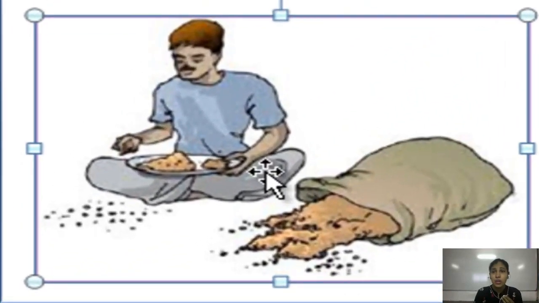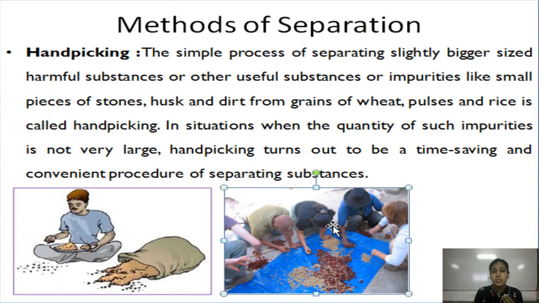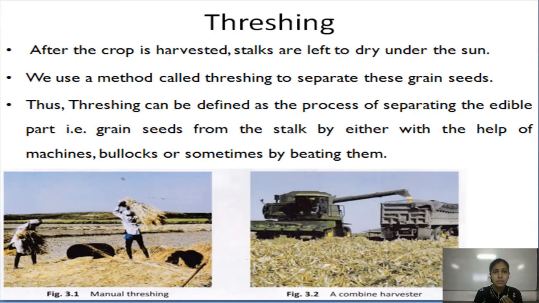When the quantity is not very large, hand picking turns out to be a time saving and convenient process of separating substances. But when the quantity is very large, hand picking is not useful.